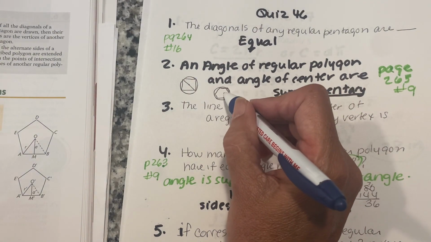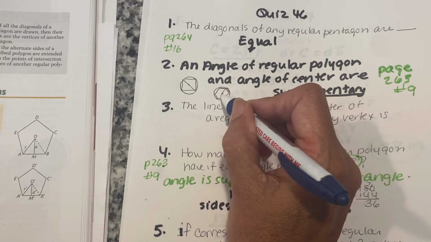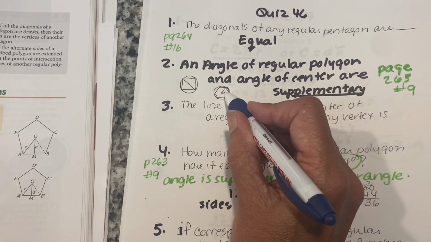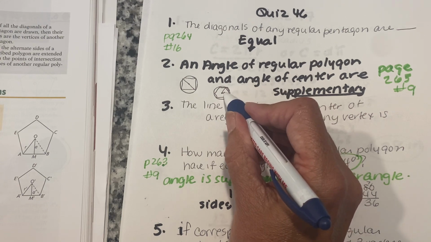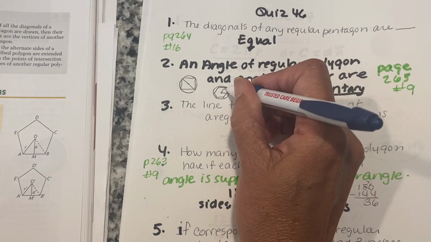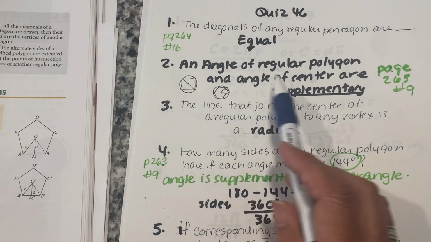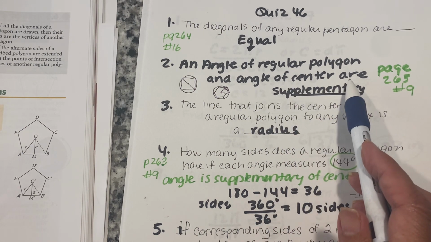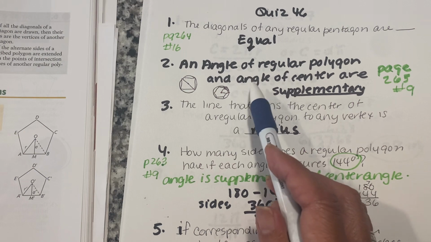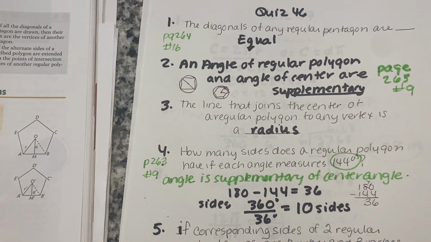So basically the angle at the center, this angle at the center and the angle of the polygon right here are going to be supplementary. Now, if it said the angle of a regular polygon and the exterior angle, then they'll be equal. But the angle of the polygon and the angle at the center are always going to be supplementary. Page 265, number 9. We went over that already.